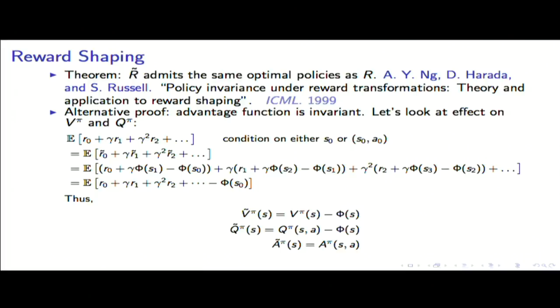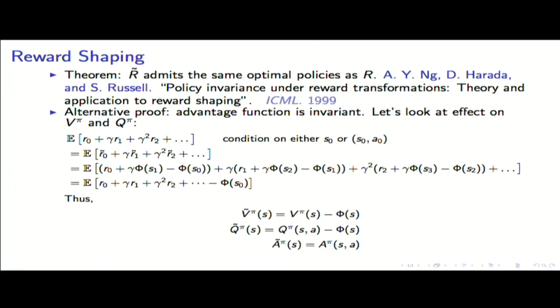But here's an alternative proof that I find a little bit more intuitive. The idea is that you end up with a nice telescoping sum when you add up this discounted sum of shaped rewards. So let's consider the expected sum of discounted rewards. Now we write it in terms of the original reward and the shaping potential. Then we notice that some terms cancel out.